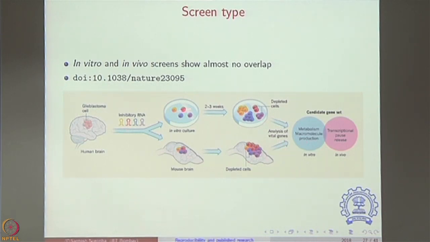The in vivo screen and the in vitro screen have practically no overlap in terms of what's upregulated and what's downregulated. Which means if you had just done the in vitro experiment, generated a bunch of targets, and then proposed to design drug candidates against these targets, you would have wasted a huge amount of money.